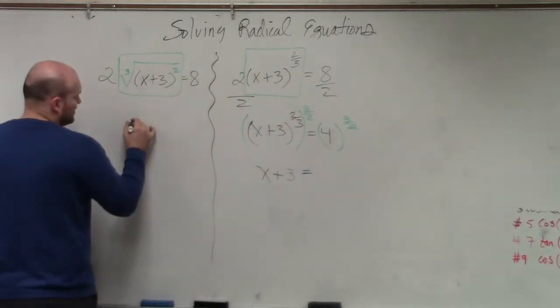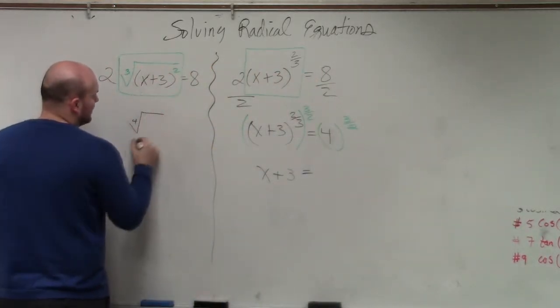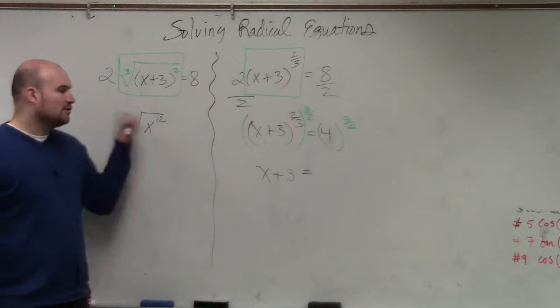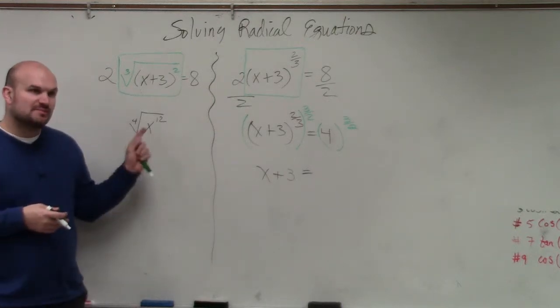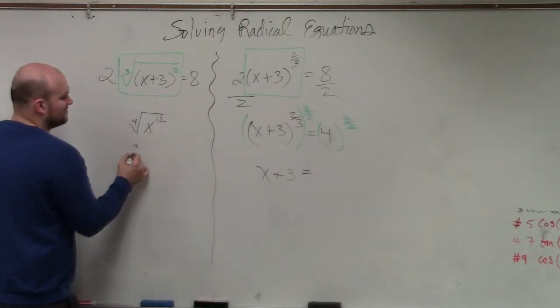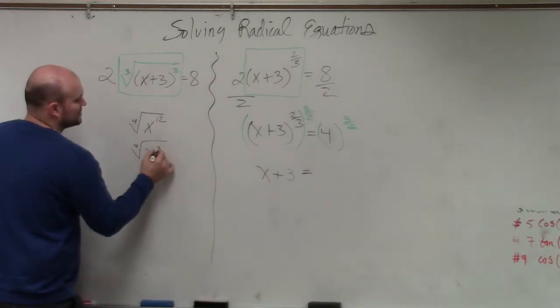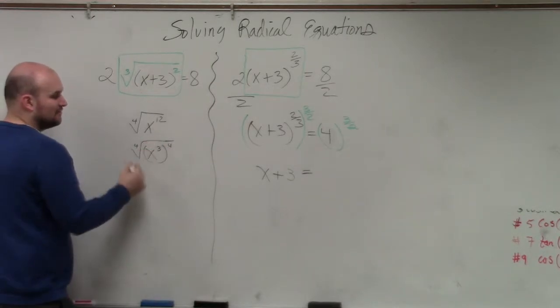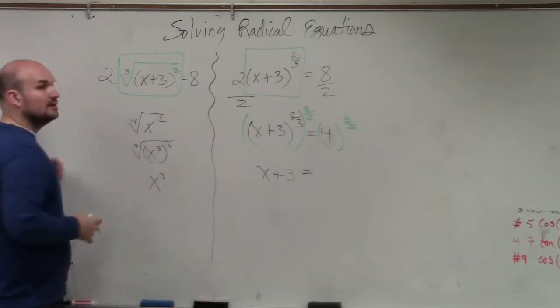Now, here's another thing that comes into confusion. If you guys remember, if we had the 4th root of x to the 12th power, when we were simplifying this, the 4th root of x cubed to the 4th power is just x cubed. Correct?